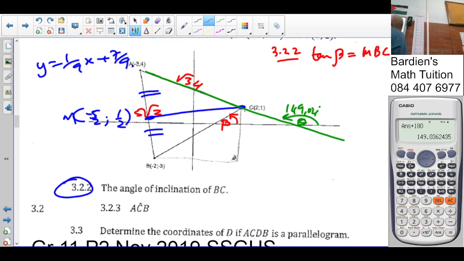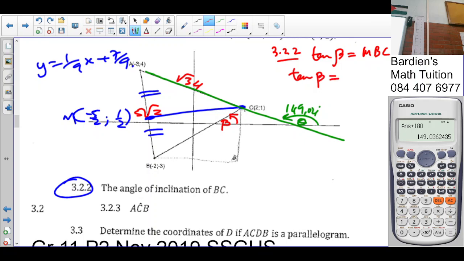Okay? Do we have the gradient of BC? Did we work out the gradient of BC? No. Okay, so the gradient of BC, we need to work out that gradient.